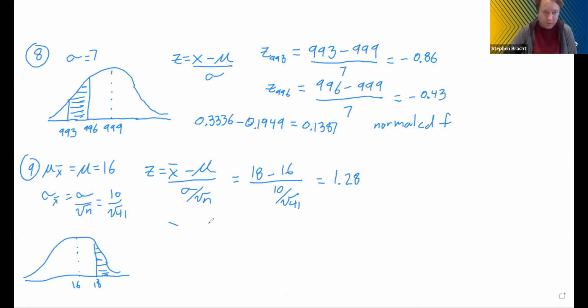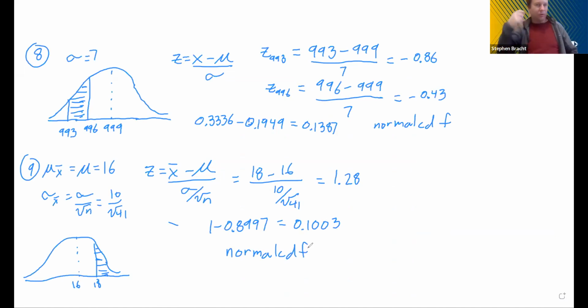Whoopsies, sorry, ignore that. 1 minus 0.8997 equals 0.1003 as my answer. Or alternately, if you choose to use the calculator, again, it would be normal CDF. Just your general function for finding an area under a normal curve. Okay. All right.